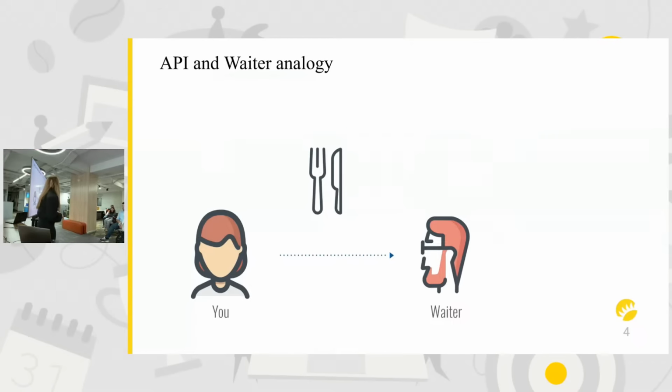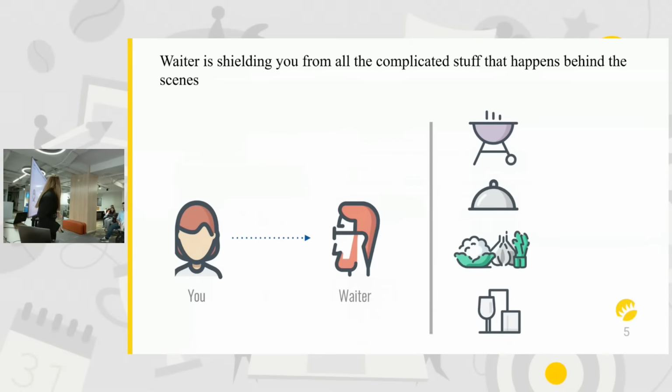So here, you don't have to worry about how this meal is cooked, what kind of spices are used, and what kind of stove or oven is used. And you don't have to worry about managing stocks.